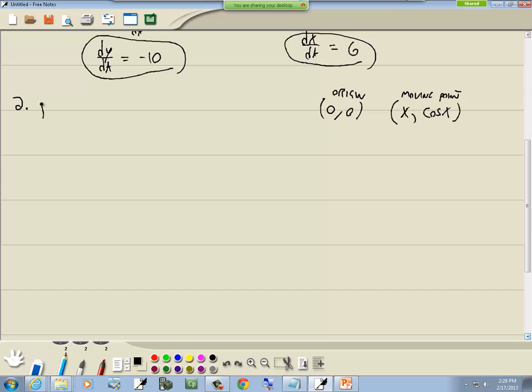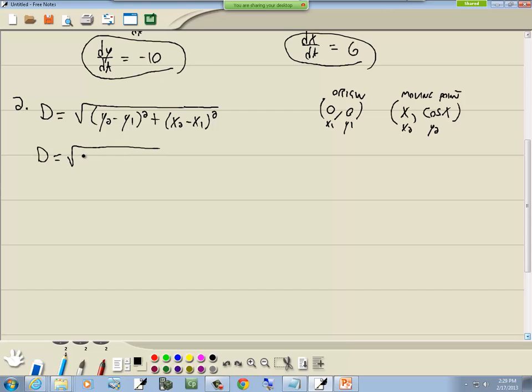Now our distance is going to equal the square root of y2 minus y1 squared plus x2 minus x1 squared. And this is our first point, so this is x1, this is y1. This is our second point, so this will be x2, this will be y2.